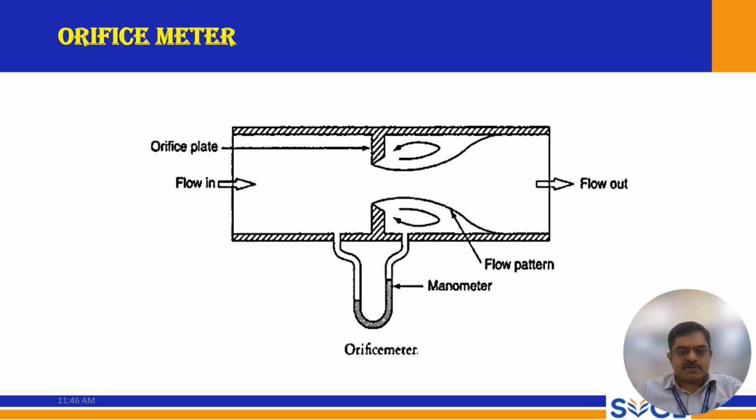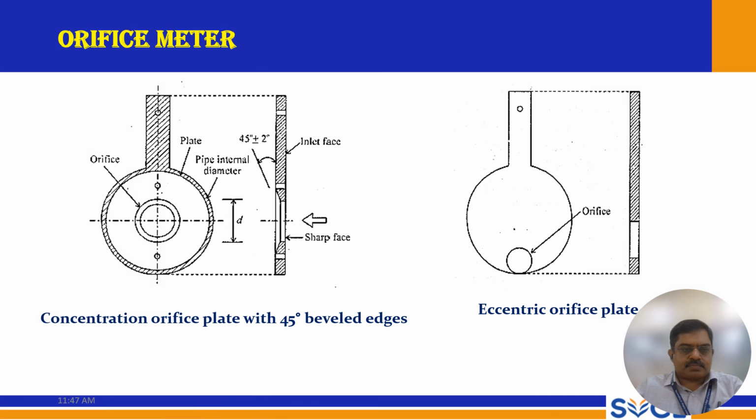So this orifice meter is kept in between a pipe, and the next one is the same orifice meter. You can see here, this is the orifice, the circular one.